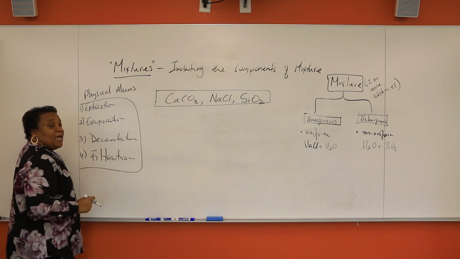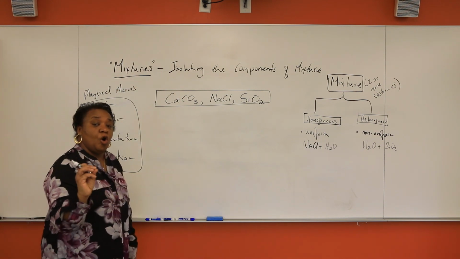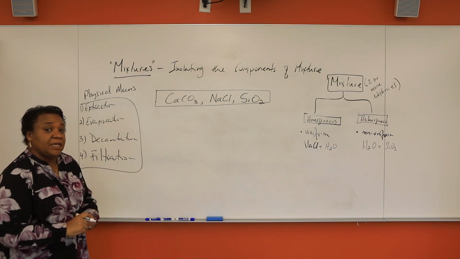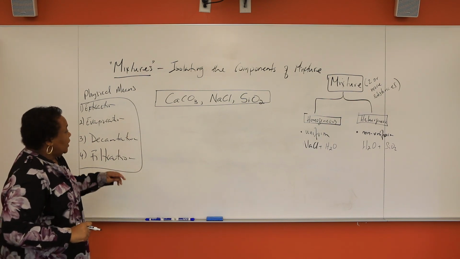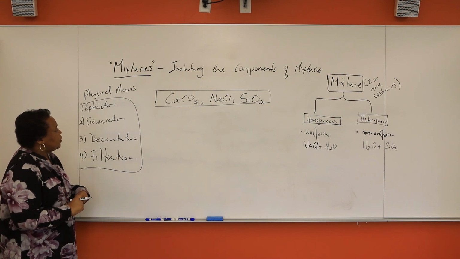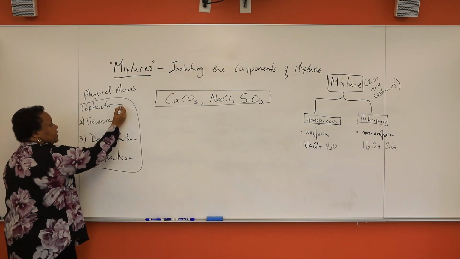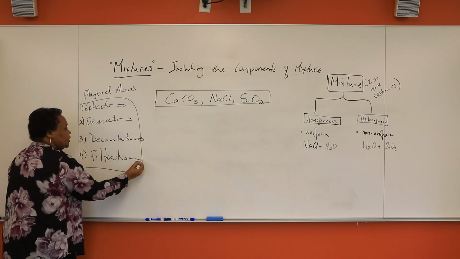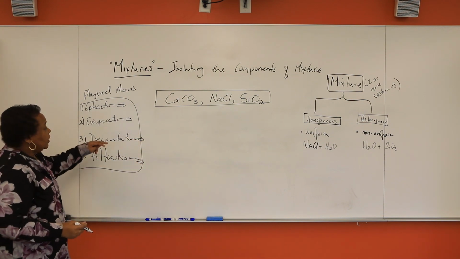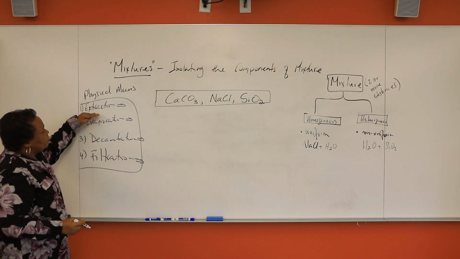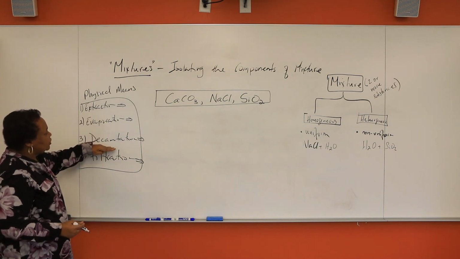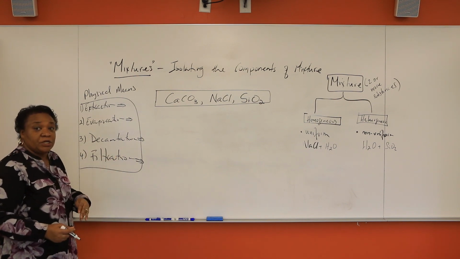However, in today's lab, we're going to be performing one possible chemical means of separation when we're trying to isolate calcium carbonate. As I proceed throughout this experiment, I'm going to take a few minutes to expand on each of these means of separation. But just to begin, what do I mean by extraction versus evaporation, decantation, and filtration?